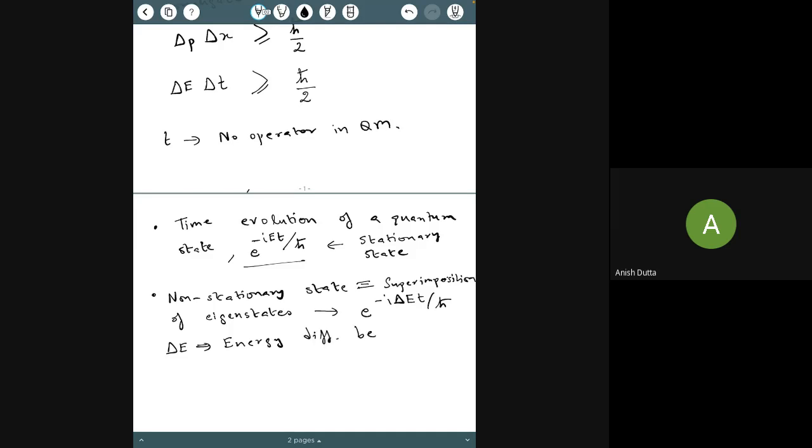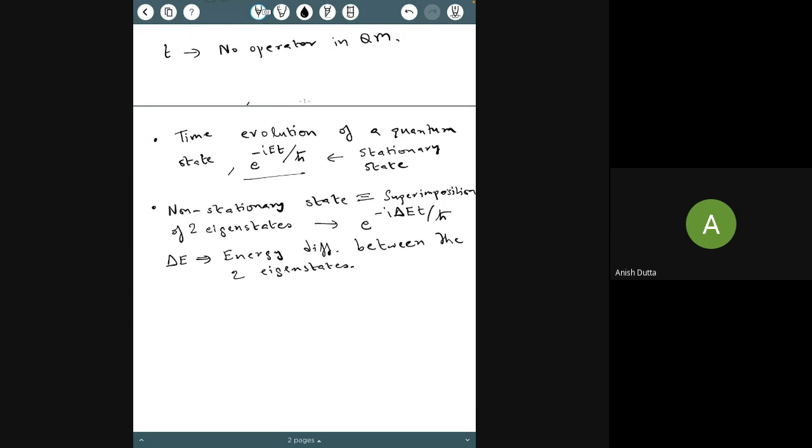Let's say I'll simplify this to two eigenstates, an energy difference between the two eigenstates. So this is just about the state.